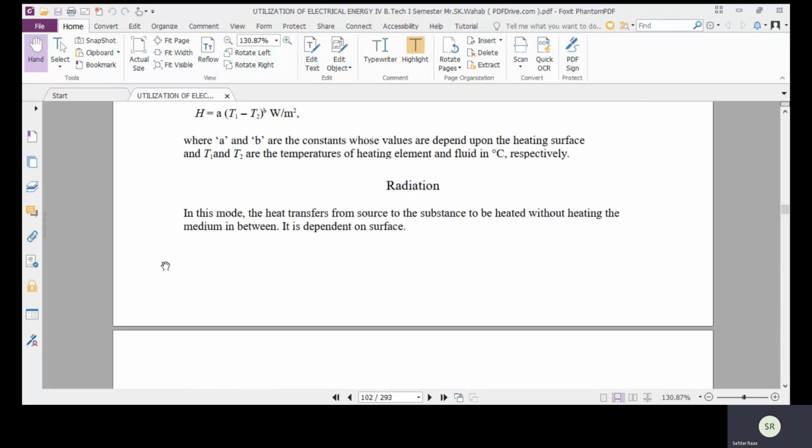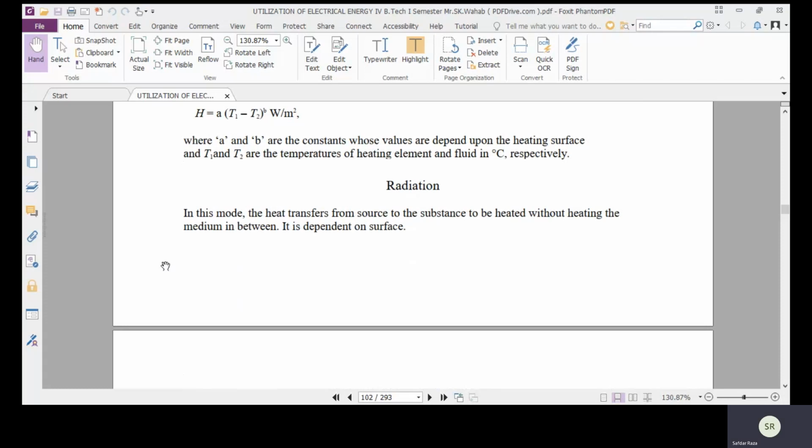The next one is the radiation form of heating. In this mode, the heat transfers from the source to the substance to be heated without heating the medium in between. It is dependent on surface. A very common example of radiation heating is the heating from the sun.